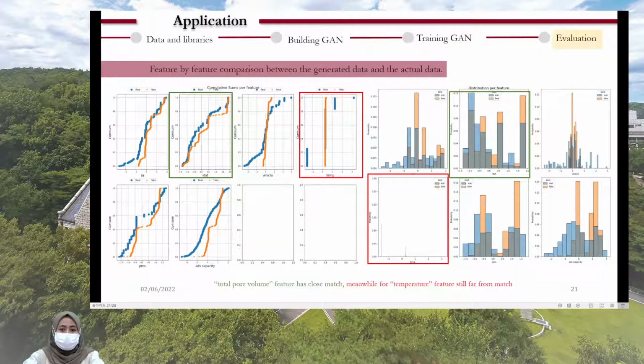Now, let's evaluate the generated data we obtained from the model. First, we observe the feature by feature comparison. In the cumulative sum and data distribution of the real and fake data, the variable total volume seems to have a close match. However, the variable temperature has less of a match compared to other variables.